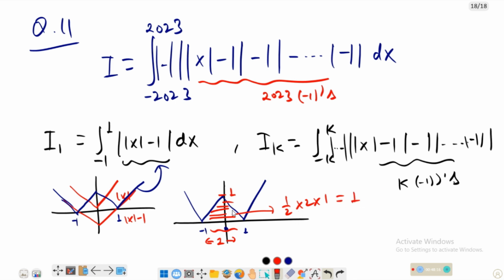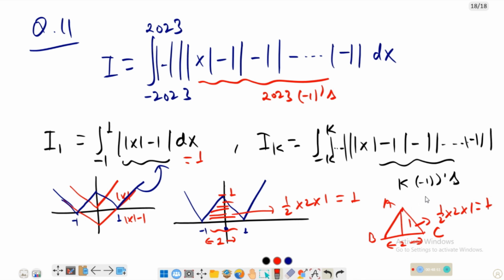It is above the x-axis, so this integral is equal to 1. If the base is 2 and the height is 1, then the area is equal to 1. If this type of triangle happens, we directly say its area is 1.